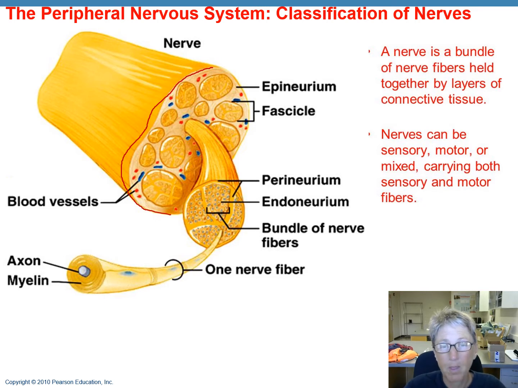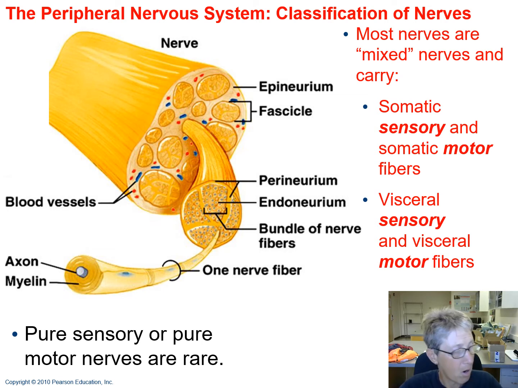If this nerve were a purely sensory nerve, then all these axons would be sensory afferent axons, and all the information would be traveling from the periphery to the central nervous system. Some nerves are mixed, so maybe one fascicle would be sensory afferent neurons, and this fascicle would be axons of motor efferent neurons.